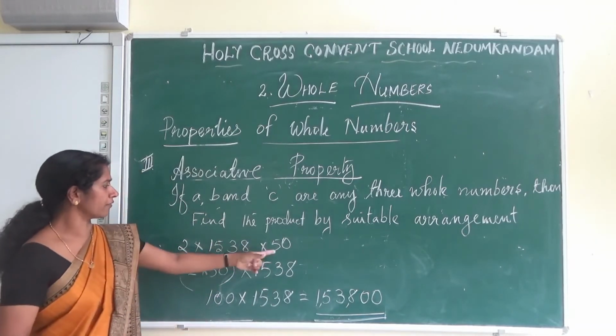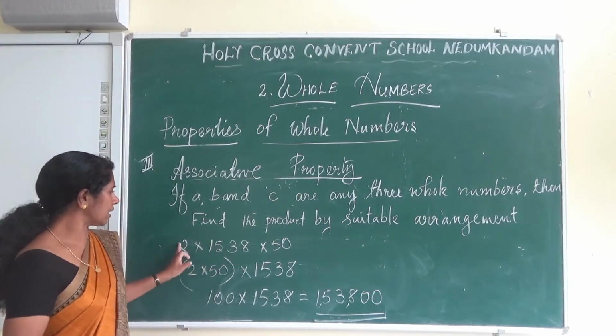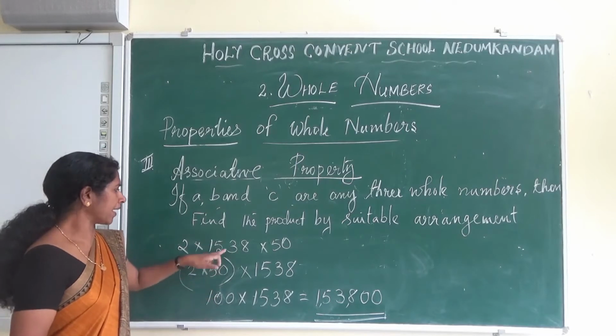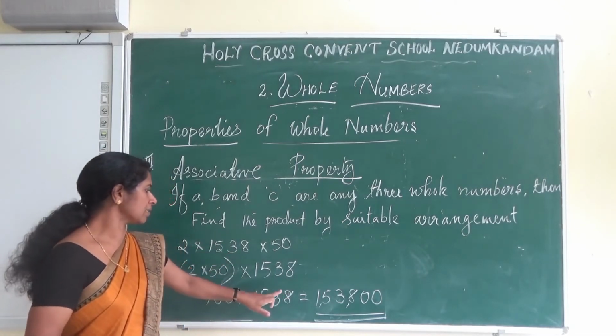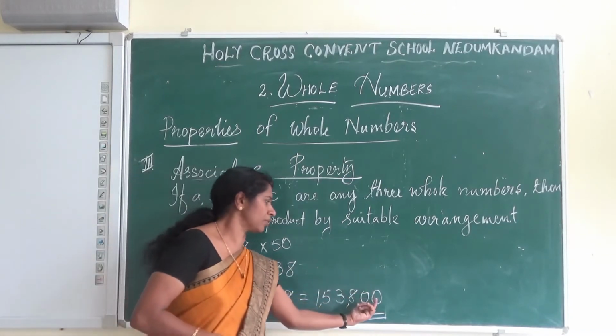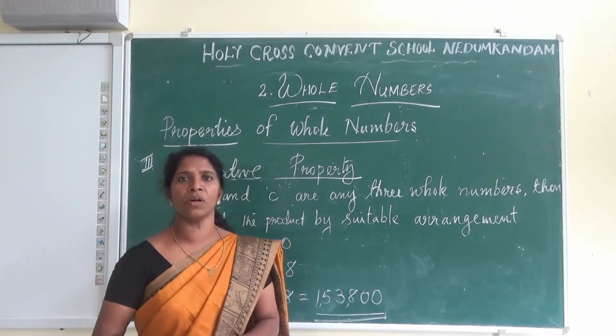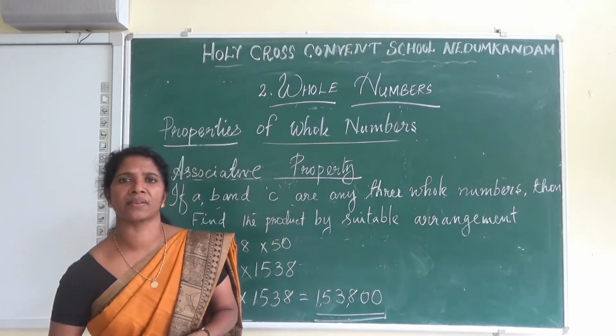When you see 50 and 2 are there, group it first. So 50 into 2 is 100. Then remaining number, that is 1538, write 1538 as it is, and these two zeros we put last. So like that way, when we are applying the property, we will get to the answer very fast.